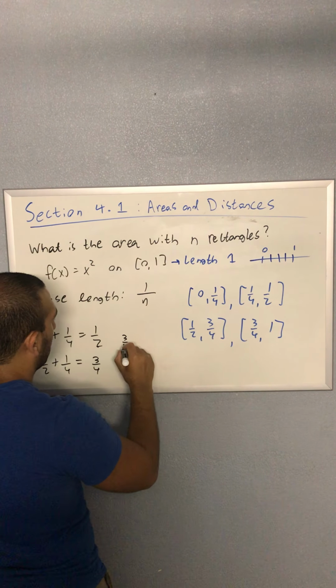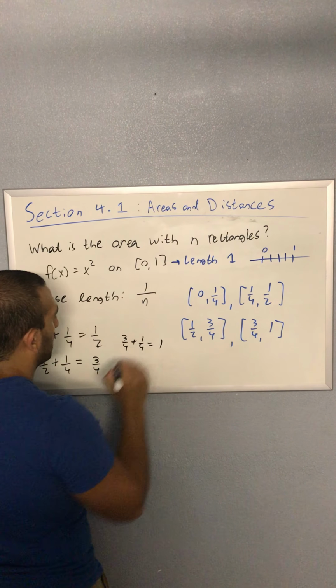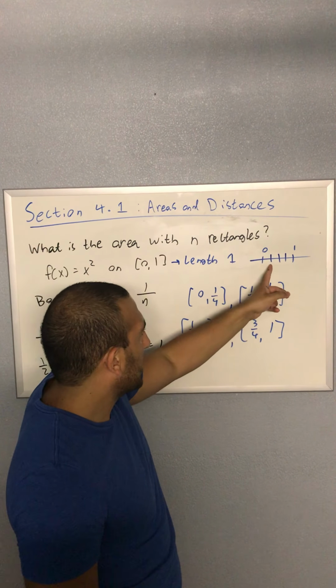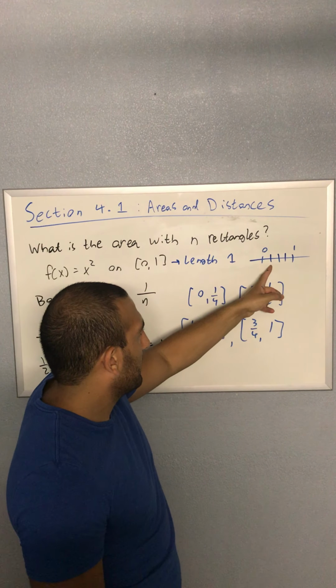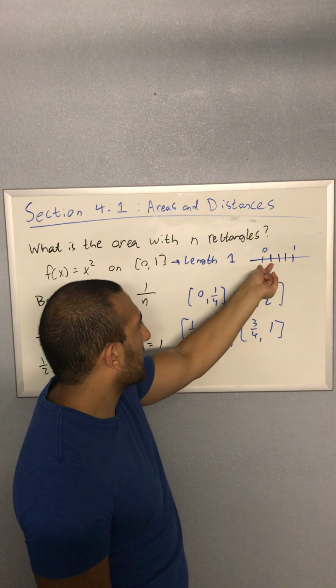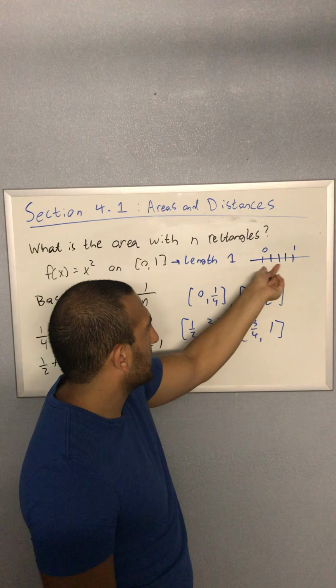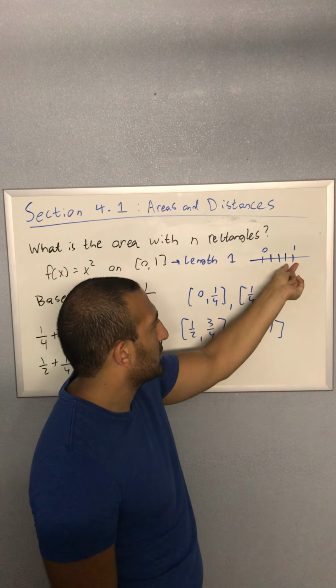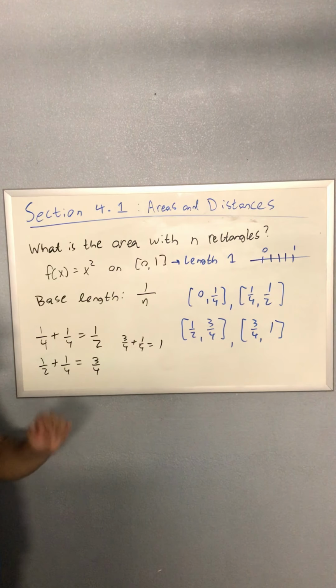And then if we take 3/4 and add this, we get to 1. So it's basically saying you take this point here, add this increment to it, and it shifts to the next point. Add the increment again, it shifts again. So we're just shifting the point by the width.